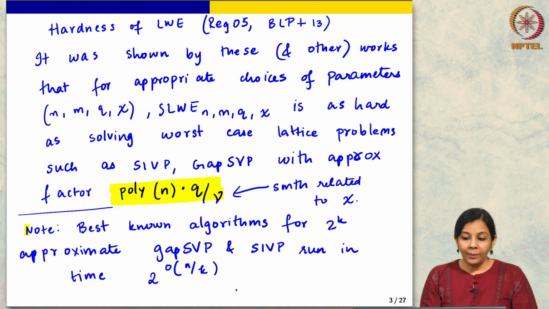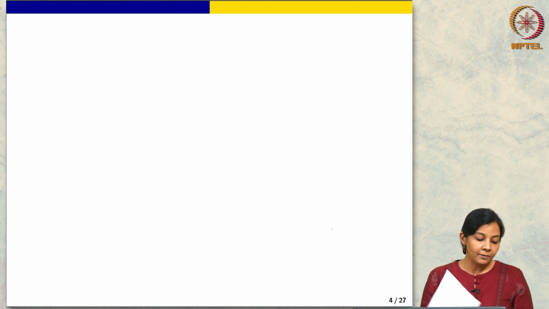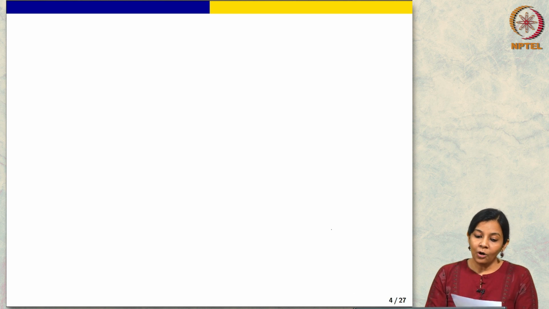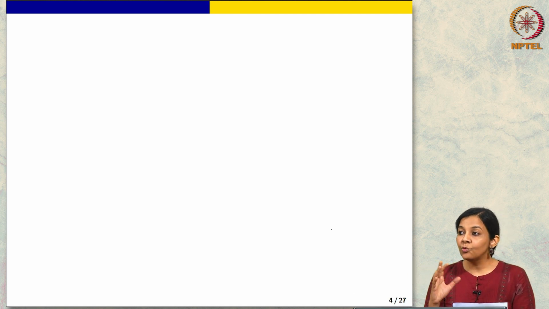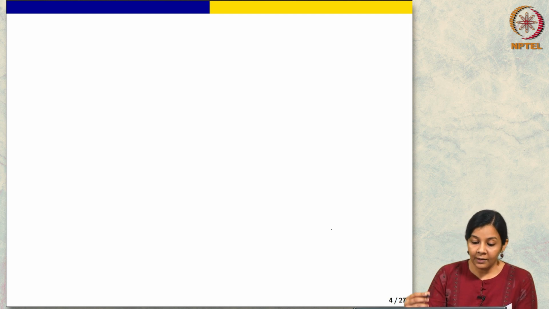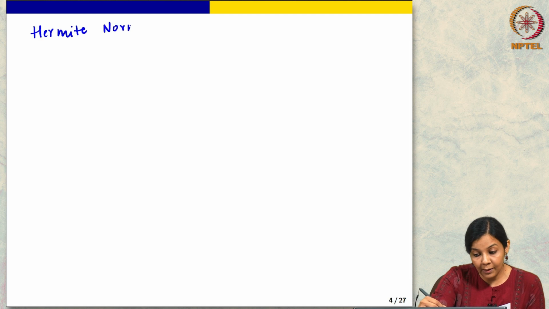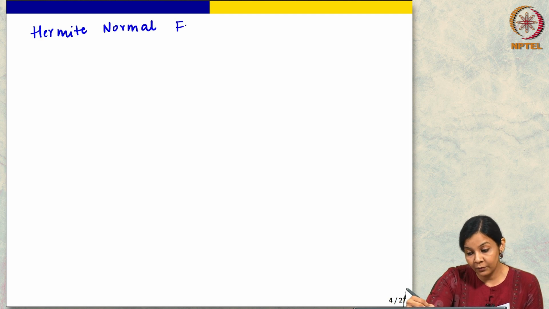Okay, so one more really handy thing about learning with errors is that there's a lot of flexibility in how you choose the distributions from which the secret and the error is sampled. So, there's a particular form of LWE called the Hermite normal form, which I'll quickly define, and that's what we'll use.